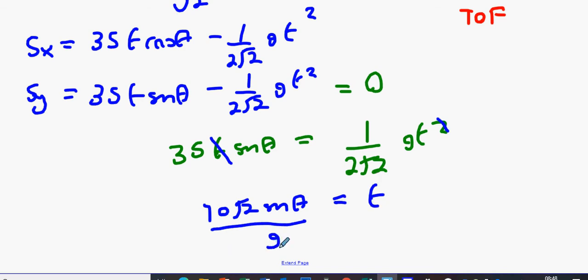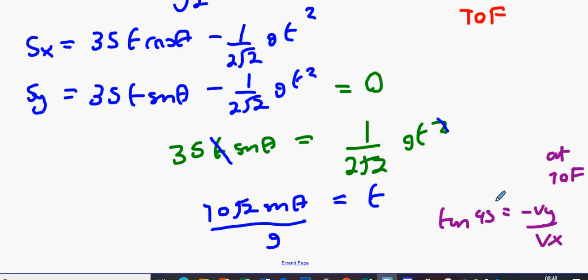Okay. What do I do with this now? What's the whole point again? I'll write it again on the board. Tan L, which we know is 45 degrees, equals minus Vy over Vx at time of flight.